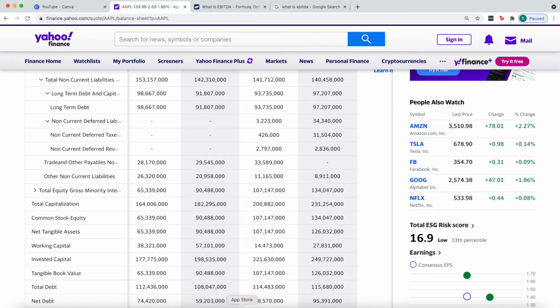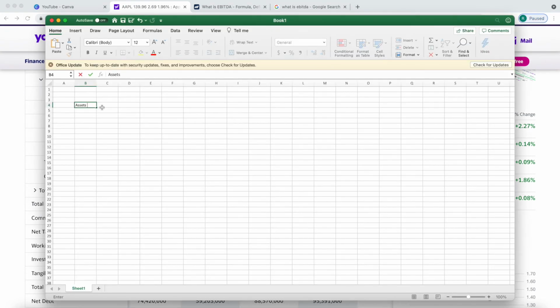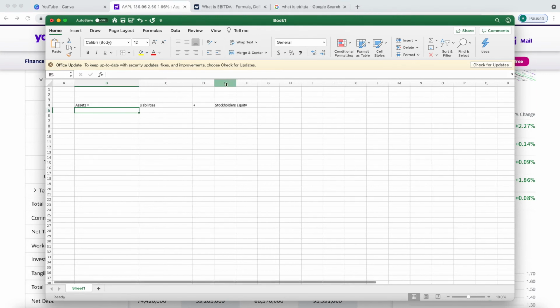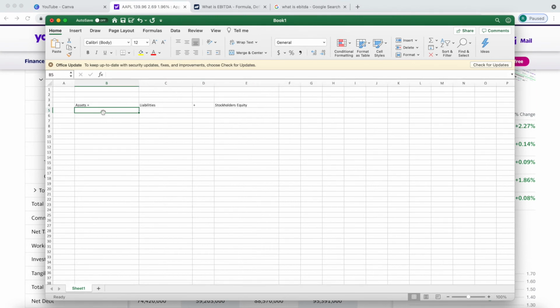Now, let's do a general formula here, all right? I'm going to open up Excel. Assets equals liabilities plus stockholders' equity. Under your assets, there are a whole range of different things that you can have there, right? You can have anything including, but not limited to, your current assets, your long-term assets, cash on hand, inventory.